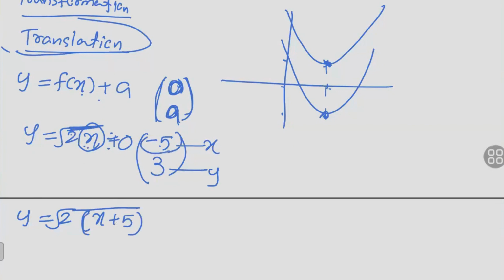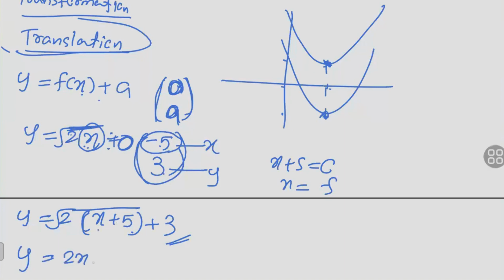That means x plus 5 equals 0, x equals minus 5. That is why I wrote x plus 5. Then y-axis wise now 3, plus 3, right? So your complete graph after translating by minus 5 comma 3, what is the answer? Root of 2x plus 10, plus 3.